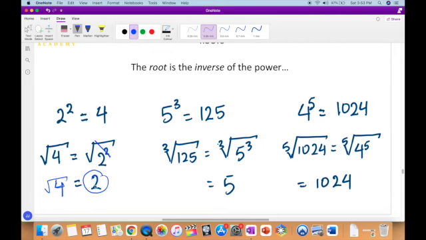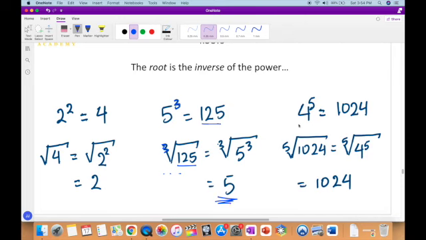The answer for that is 2. Right? Now, it's not just a square root. If I have 5 cubed is 125, I could also have the cube root of 125, which is the same thing. What number that if I multiply it by itself 3 times will give me 125? Well, the answer is 5.